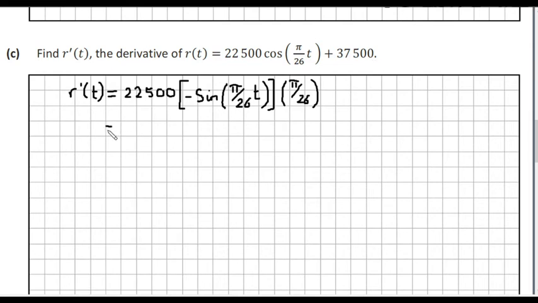So when we tidy this up, we're going to put the minus in front first, so it's going to be minus, you're going to multiply the 22,500 by this pi over 26, and you want to write that in its simplest form. So in its simplest form, it's going to end up being 11,250 pi over 13. That's what we get when we multiply that constant there by this constant at the end. Then times sine of pi over 26t. And that is the derivative of the revenue function.